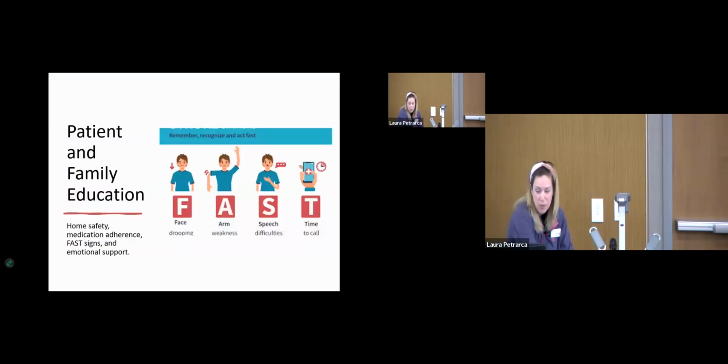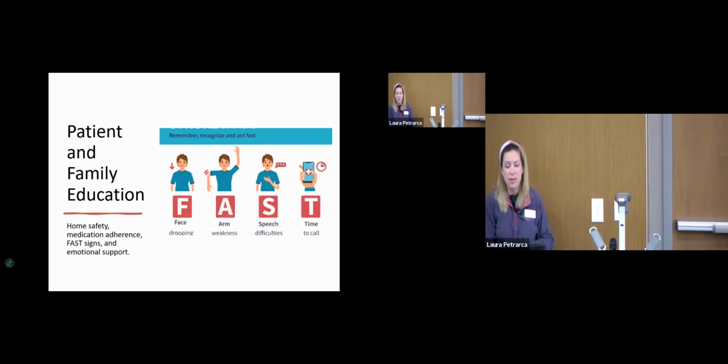So you can teach them, and we're going to watch a video on this in just a second, have a little bit of fun. But patient and family education about FAST. That's facial drooping, arm weakness, speech difficulties, and calling 911 are all essential. You'll hear in the hospital setting, be fast. We also use that, but you want to teach your family members FAST.